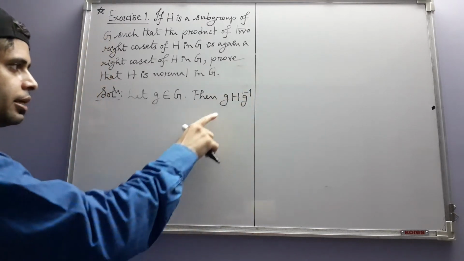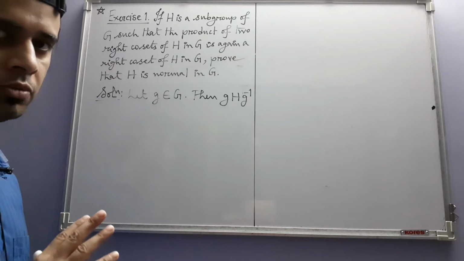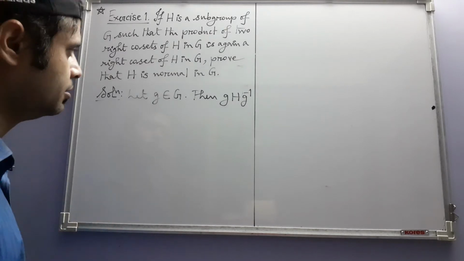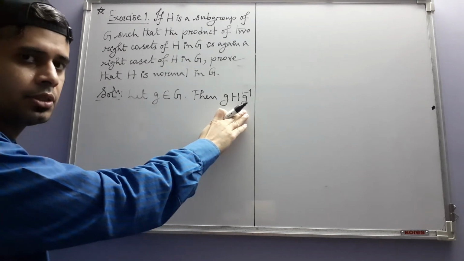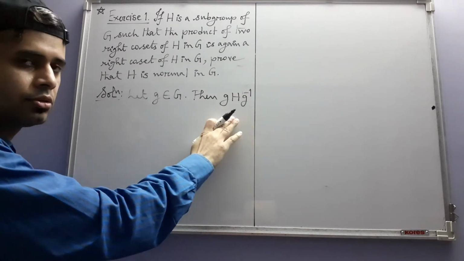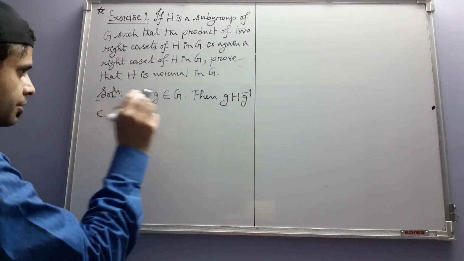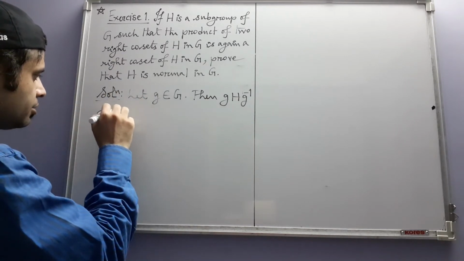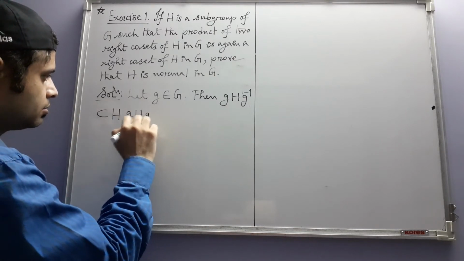If we can show that this set is contained in H, then that will prove that H is normal in G. We already know that this is not just a subset of G, but rather it's a subgroup of G. Now note that this subgroup is actually contained in HgHg inverse.